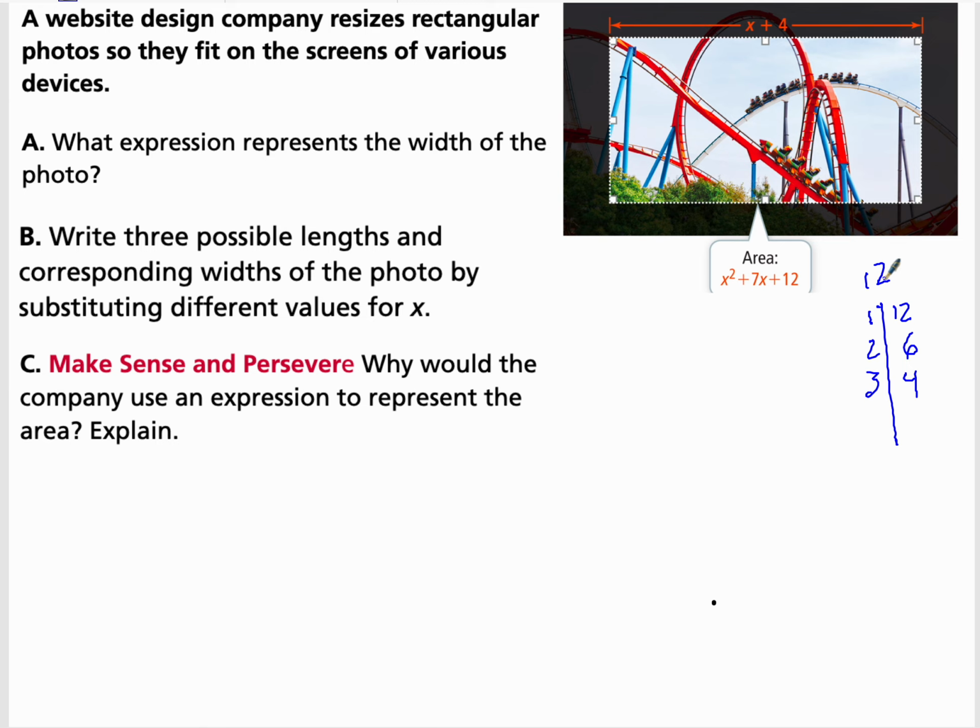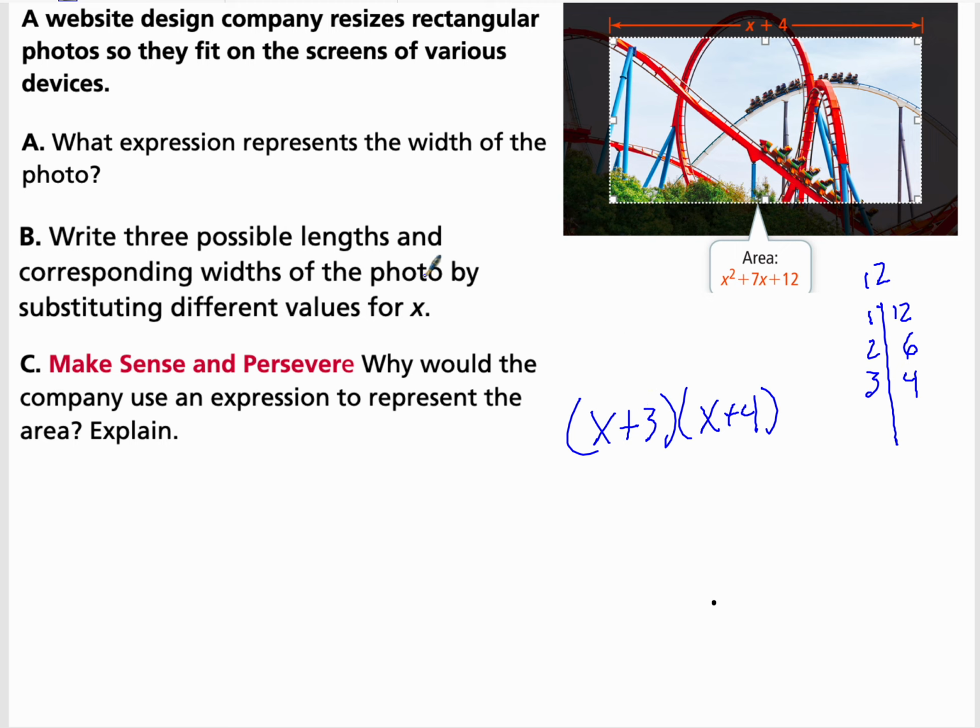So I can see that the two numbers that multiply to 12 and add to 7 would be 3 and 4. And so that means then that my factors are x plus 3 and x plus 4. So they had already given me x plus 4 as one of my factors, or one of the dimensions of the photo, and now I can see that the other dimension needs to be x plus 3.